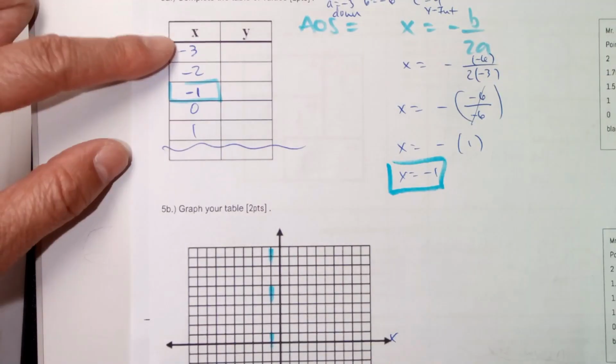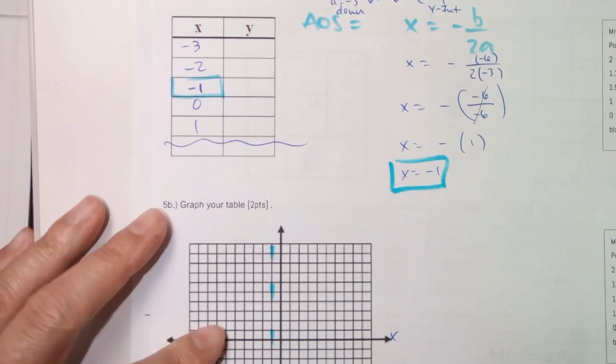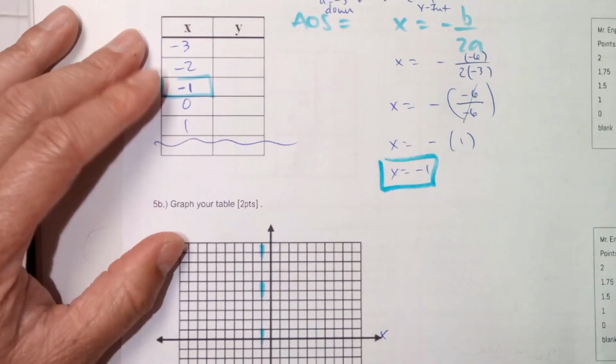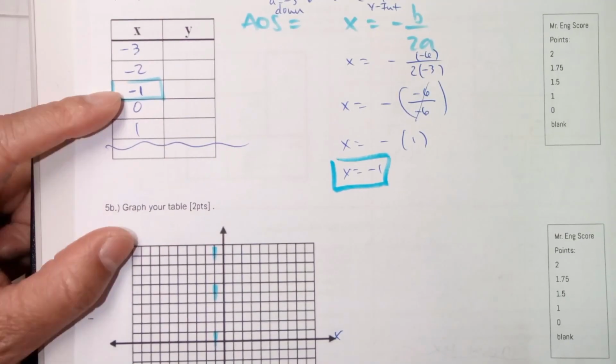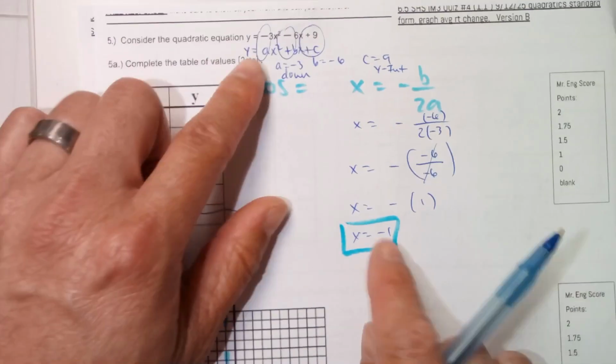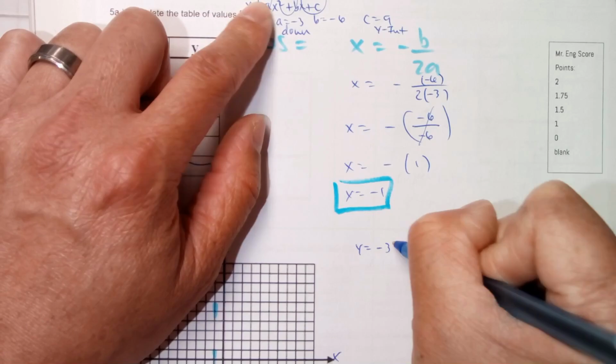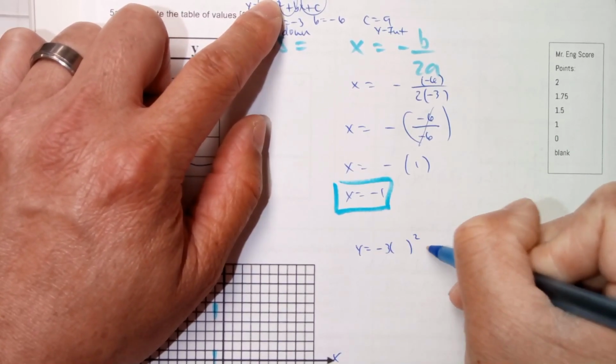Okay, I said that you can use your calculator, but I'm just going to do one by hand. I'm going to do the vertex. So we're going to use that number. We're going to put it back into the original. So I'm going to choose to pick an x equals -1.